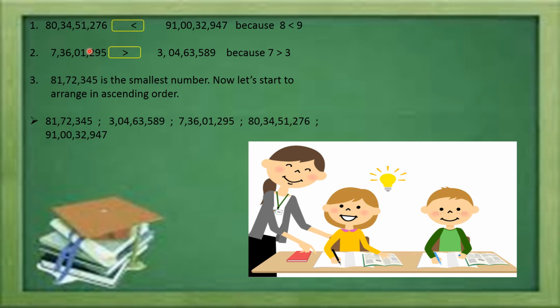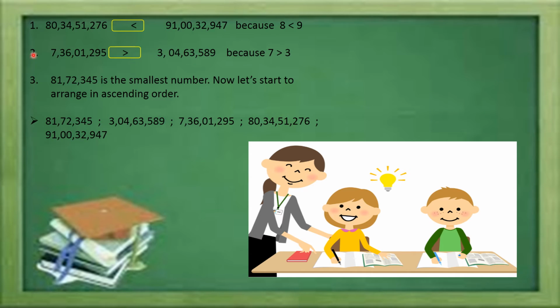In the same way we will compare the very next two similar numbers, that is 7 crore 36 lakh 1295 and 3 crore 4 lakh 63,589. In these two figures also we can see that 7 is greater than 3, and 7 and 3 both stand at the very first position on the left side of the figure, that is the greatest place in the particular figure.